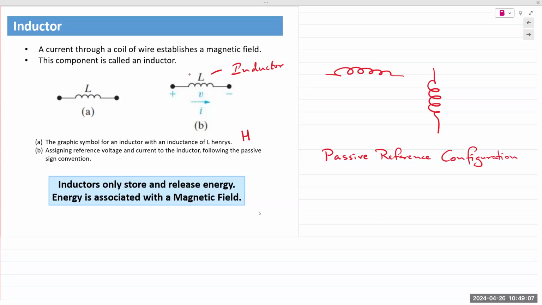Meaning when current flows through an inductor, the point of entry would create a voltage that is positive, point of exit is minus. Okay, and you can see that here. Point of entry is positive, point of exit is minus. Tail end of the arrow will always be positive.